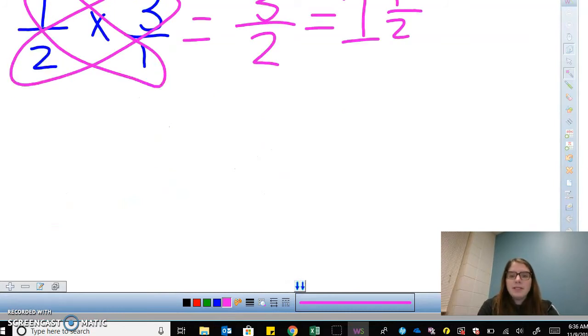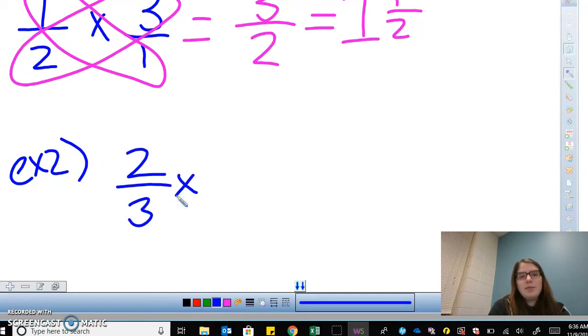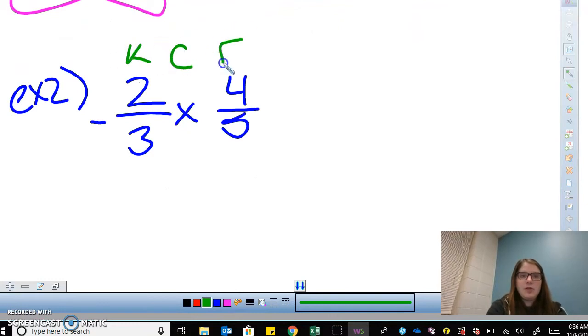A problem that we might see in one of our problems is, say we had, so this would be example 2, 2/3 divided by 4/5. Let's make this a negative 2/3. So like I said, we're going to keep, change, flip.